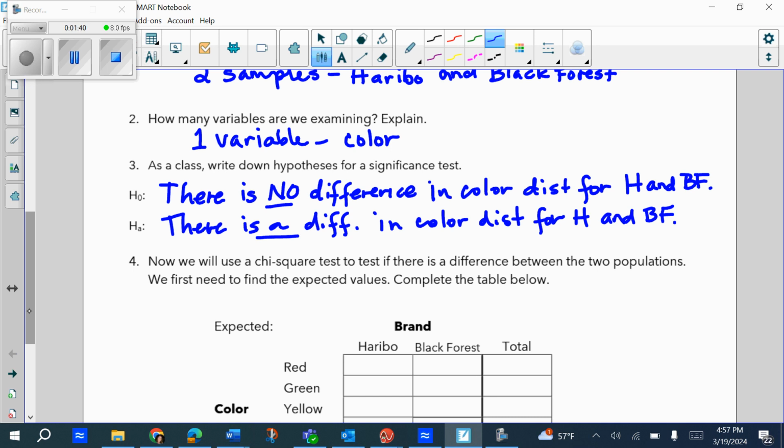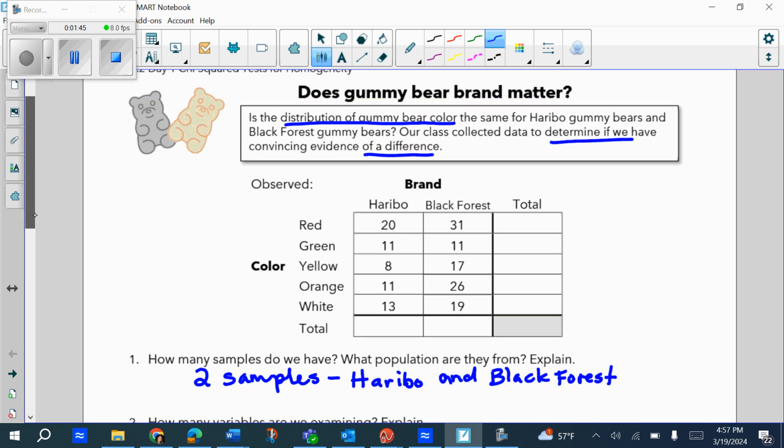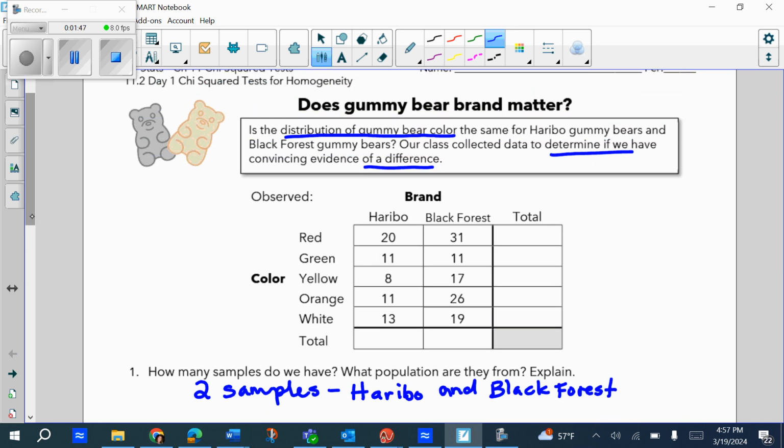Once we have the hypotheses written down, we need to go back to the beginning and fill in the margin distribution for the totals for each color and the totals for the brands. Let's fill that information in.